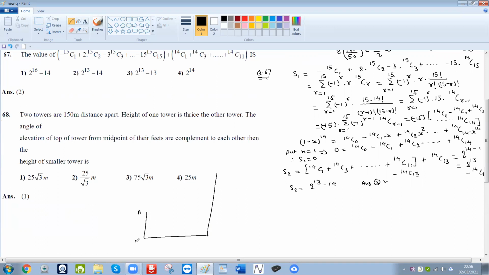Let's say AB is the smaller tower, CD is the larger tower. This one has height h, this one 3h. Angle of elevation of top of the tower from the midpoint of their feet. The distance between them is 150.